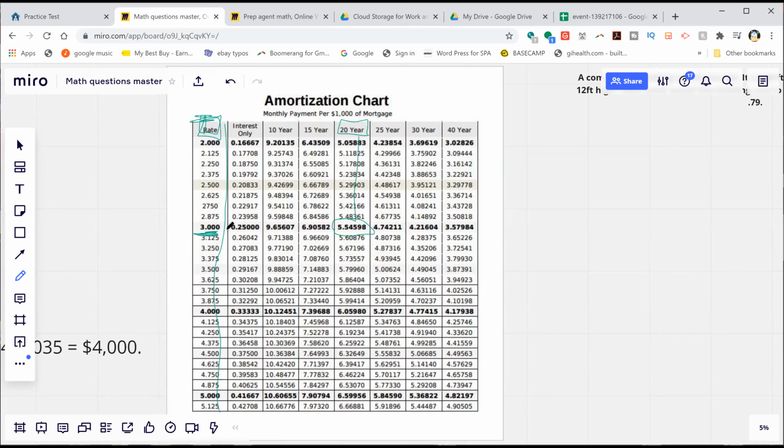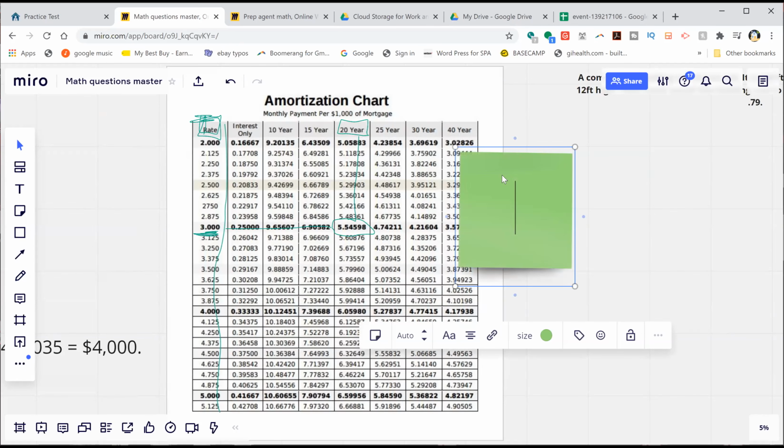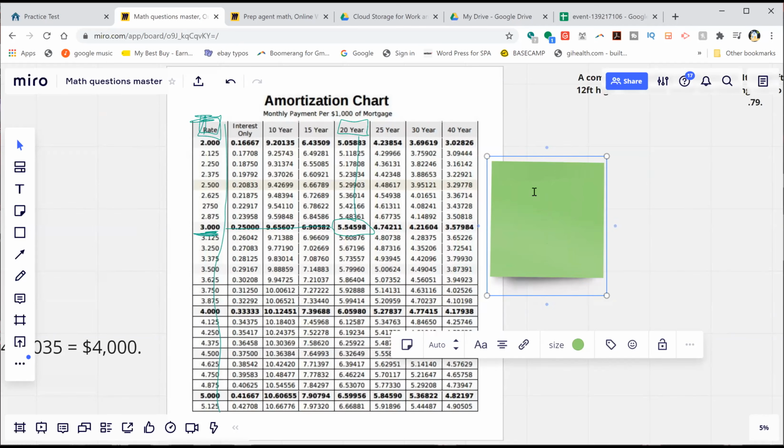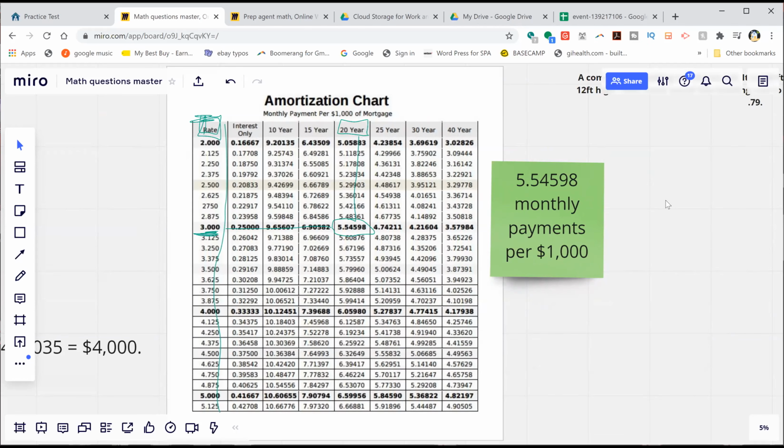What this is right here, that number, the 5.54598, and we're going to be working with that number, is the monthly payments per $1,000 of a mortgage.